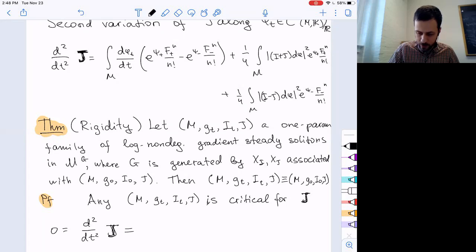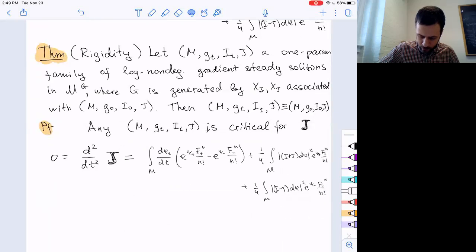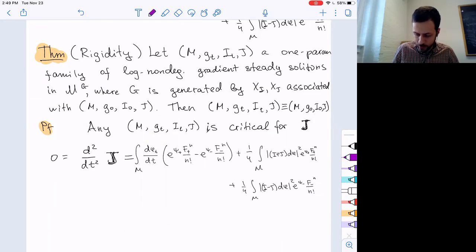On the other hand, what the second variation is, I'll just copy it here. So it has three terms, and since it's a soliton, this also vanishes. And these two are positive or non-negative.